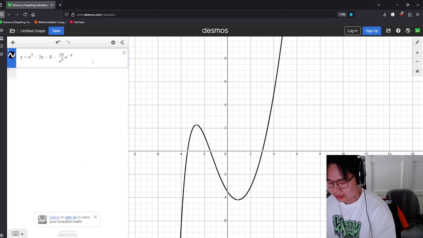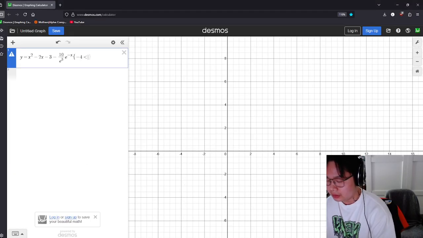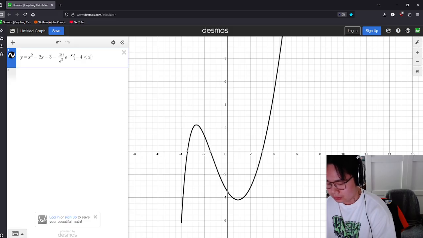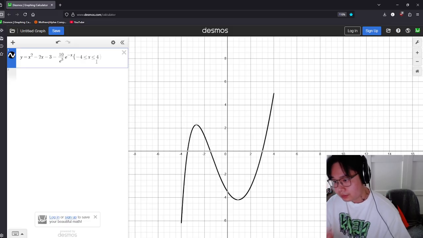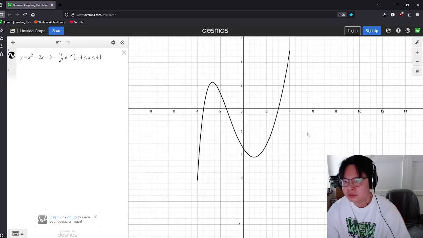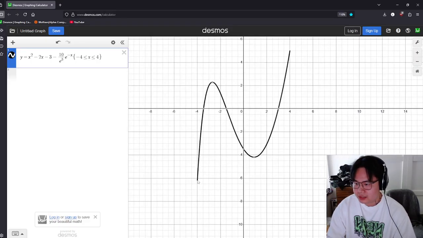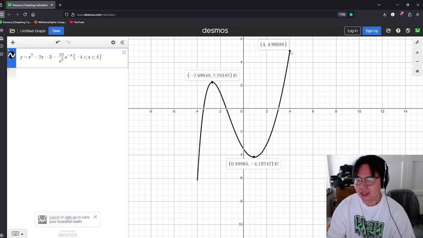Okay, and then we want this from negative 4 to 4. Okay, and then you use your graphing display calculator to find the value here, the maximum, the minimum, and the y value here.